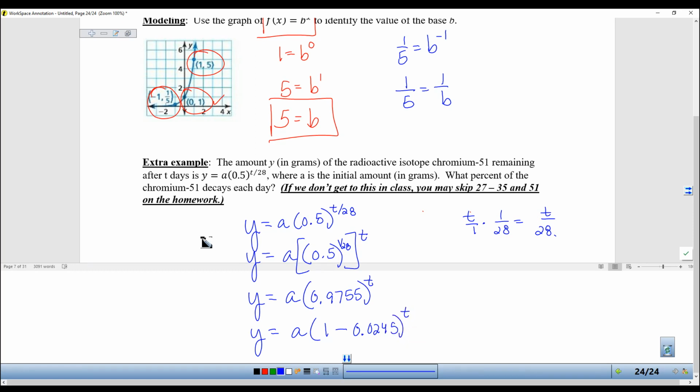So pretty much I'm taking a formula that's already been simplified and I'm unsimplifying it so that it's in the format that we're used to, because this is where you see the decay rate. And we actually have to do one more thing. It's already been put into decimal form, so the decay rate is actually 2.45%.